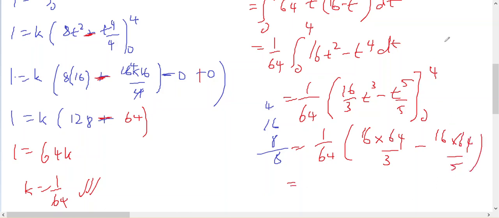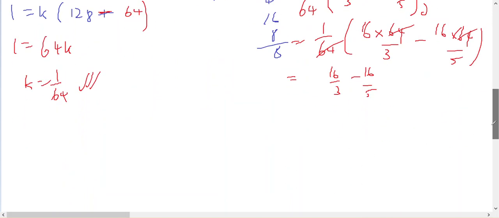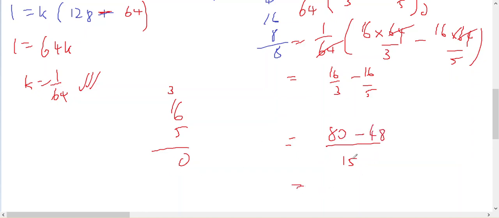And the reason I wrote 4 to the power of 5 as 4 cubed times 4 squared is that the 64s will cancel with those 64s to leave 16 on 3 minus 16 on 5, which is all on 15. 5 16s is 80, minus 3 16s is 48, which is 32 on 15 should be my final.